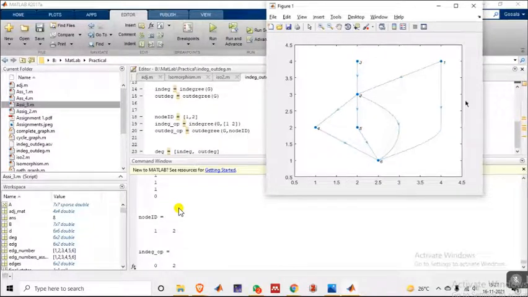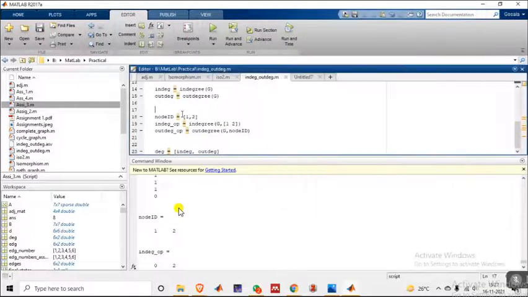When you want to calculate the in degree and out degree for an edge, I just created one node kind of a thing, like I created one edge. I called it node ID. The node I created is for vertex 1 and vertex 2. If I write it like this, it means the edge between vertex 1 and vertex 2. For that, I am calculating the in degrees and out degree. So you can see this.